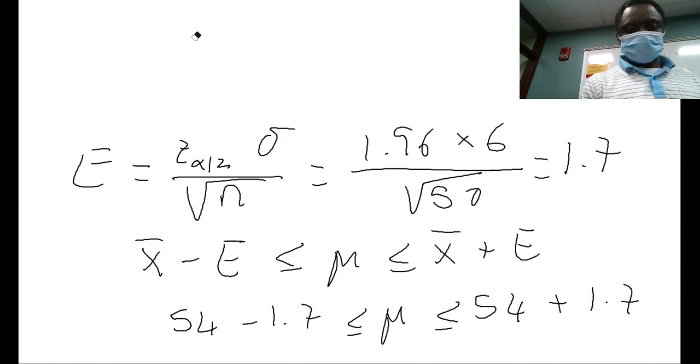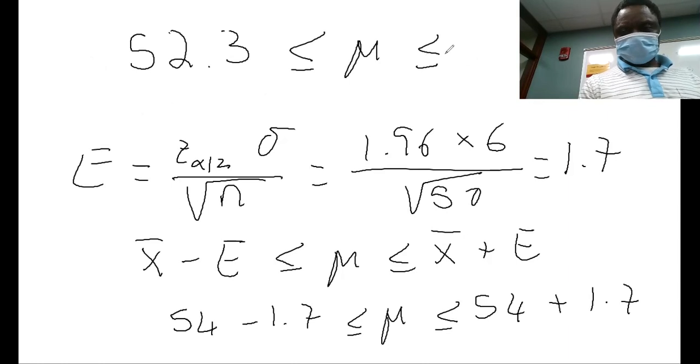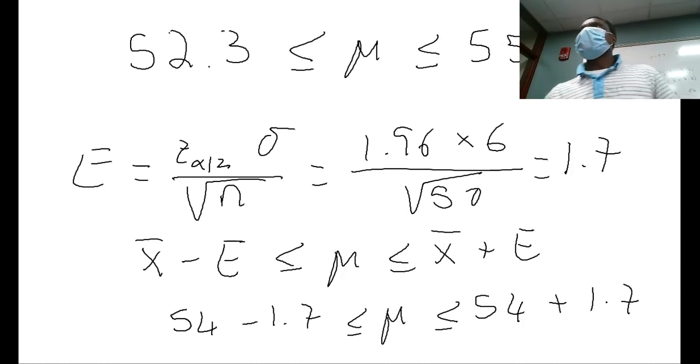So this is 54 minus 1.7, what is it? So this is how we find the confidence interval for the mean if sigma is known.